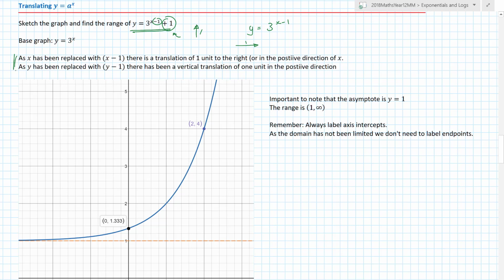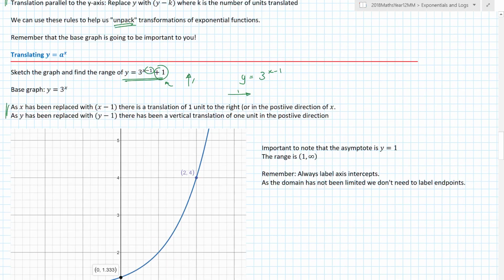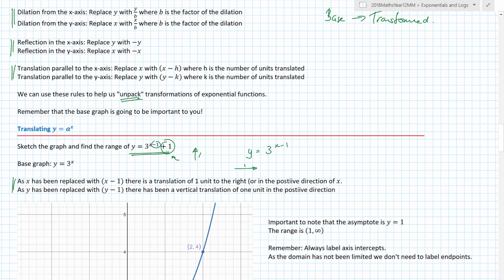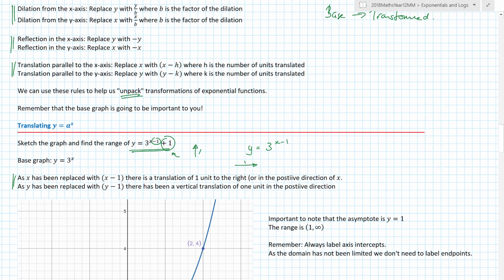That's the information about why the function is so, because we've actually used the shortcuts. We notice that a translation horizontally says to replace x with x minus h, where h is the number of units translated. So what do we notice? We've had y equals 3 to the power of x. That's been replaced with 3 to the x minus 1, and so it must be translated 1 unit.